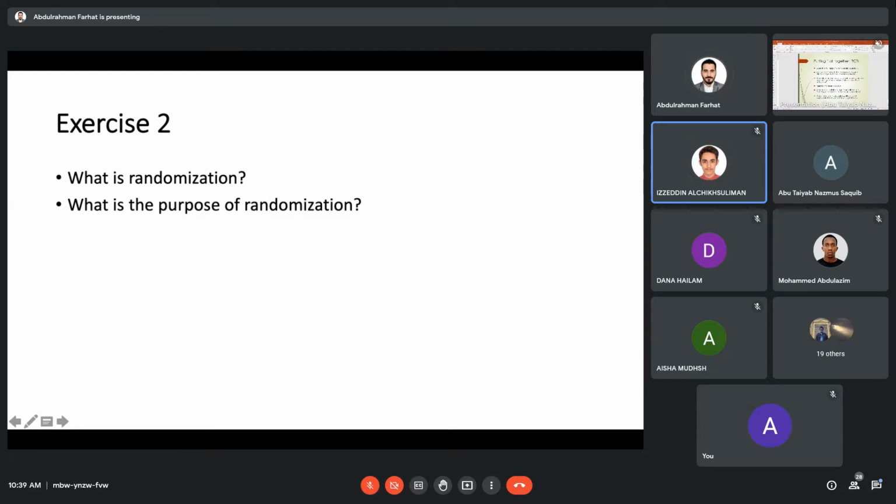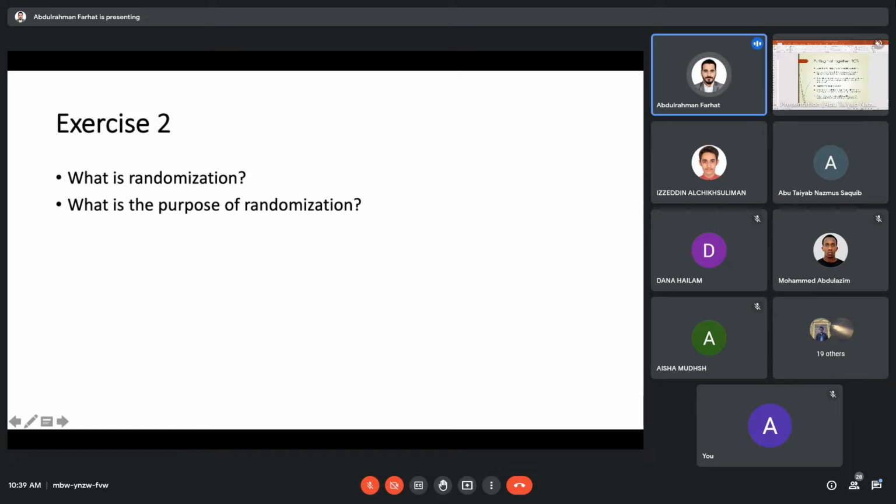Good. Let me paraphrase the question. By randomizing the population, what are you trying to prove or exclude before starting your study? I think most importantly, we are trying to control the confounding variables. Exactly.